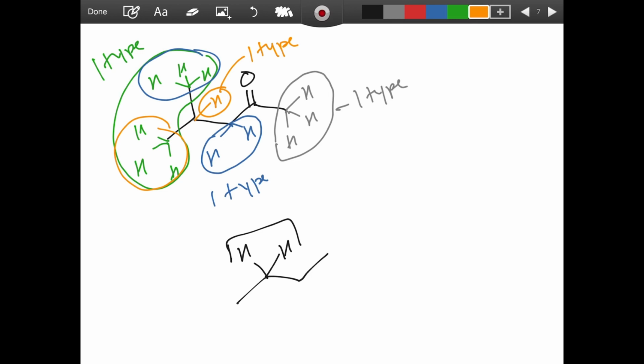It just keeps seeing them over and over again. So if you have a carbon that has two identical carbon groups sharing a carbon, they're going to be the same. So if we look at this, we have the gray one. So counting's hard. 1, 2, 3, 4. There are 4 types of H's.